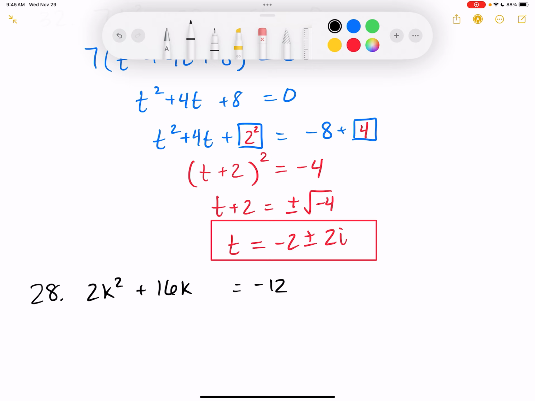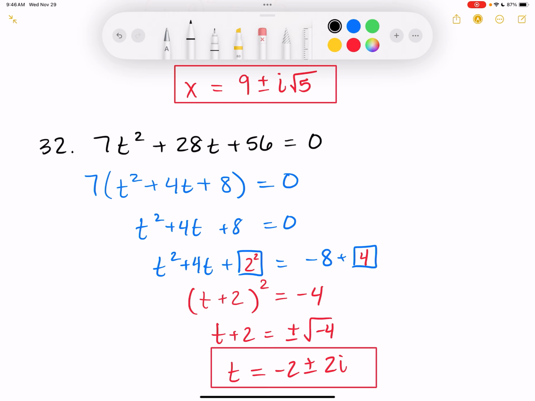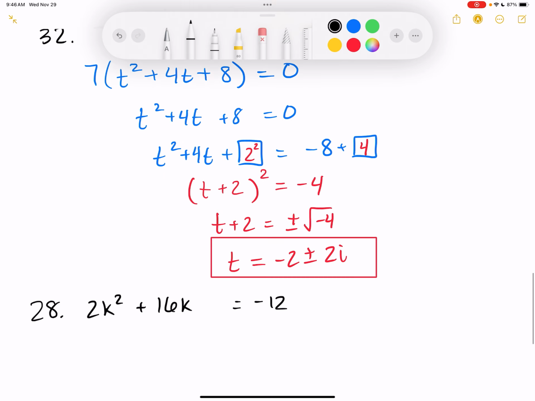When you take the number out on the left, you're just dividing the right by whatever number you take out. Up here, technically, I divided 0 by 7, but that's still just 0. So whatever number you take out, you divide negative 12 by that number, and then that number is gone. And then you'll be left with your 1 in front.